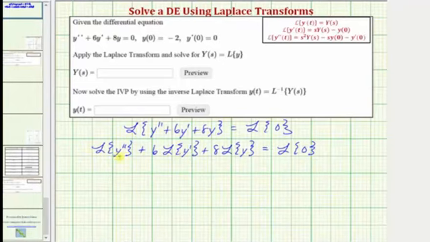The Laplace transform of y double prime is s squared times big Y of s minus s times y of 0 minus y prime of 0. Then we have plus 6 times the Laplace transform of y prime, which equals s times big Y of s minus y of 0.